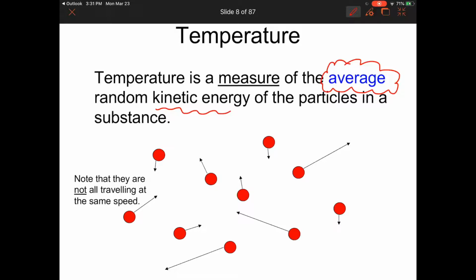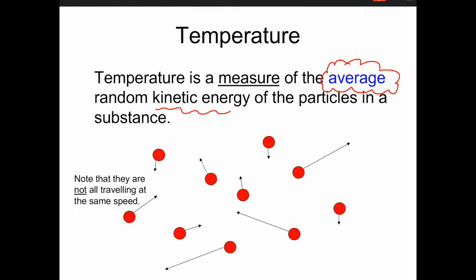Another good way to remember that it's an average is that it doesn't matter how big the substance is that you're measuring. Picture you heat up a tea kettle and you've got this big pitcher of very hot water. If I pour a small amount into a coffee cup or I pour a large amount into a coffee cup, when I stick the thermometer in, I should get the same reading.